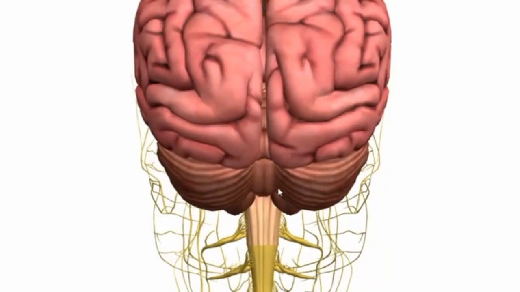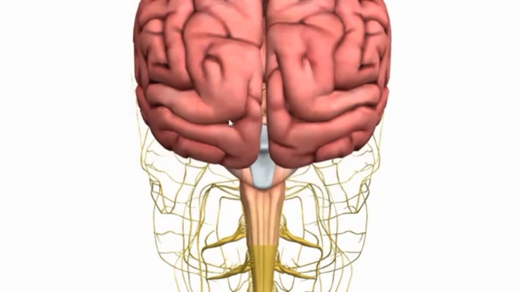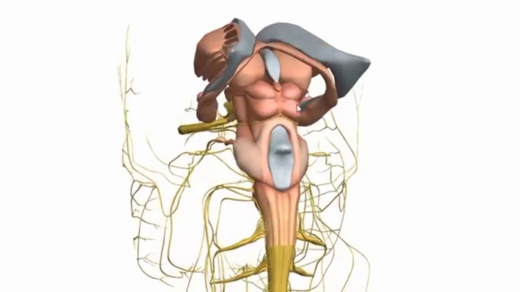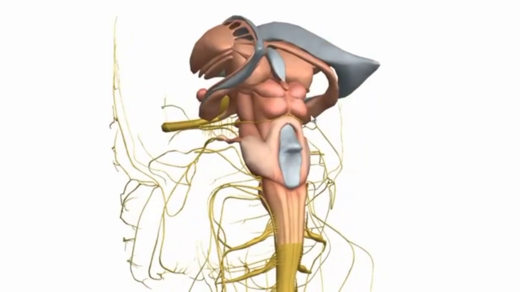If I remove the cerebellum, and I'll remove the hemispheres as well, we can see the midbrain here, which you can identify by the colliculi. So that's the midbrain, and this is the dorsal surface of the brainstem.